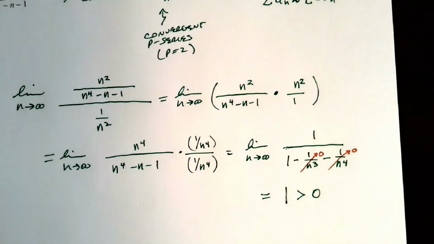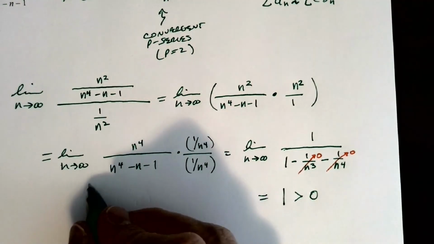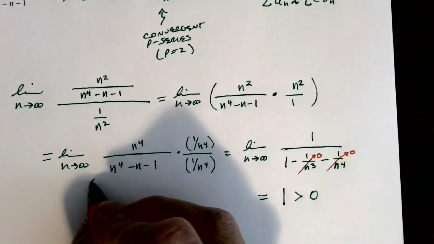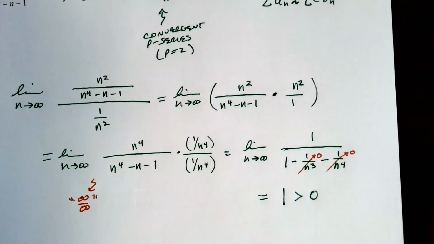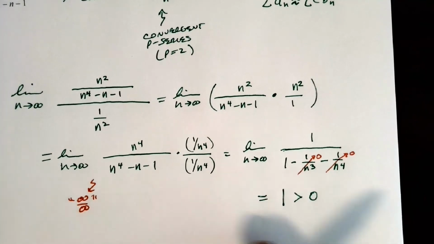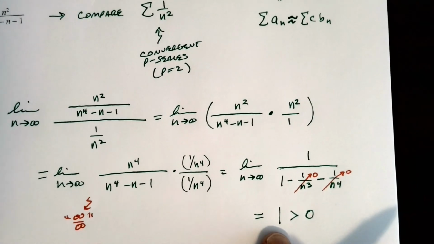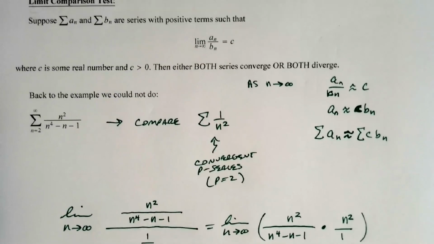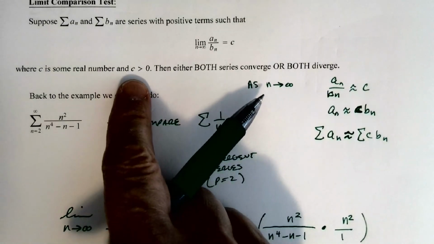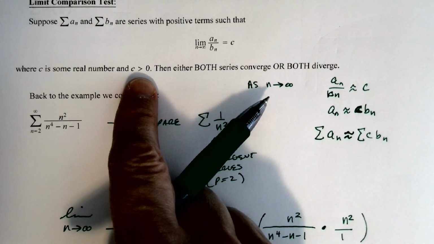Another way, by the way: notice the form of this limit is infinity over infinity, so you could also use L'Hopital's rule on it and get the same thing. You might have to use L'Hopital's rule a few times, but the limit is 1, and that's important, because this limit c has to be positive.